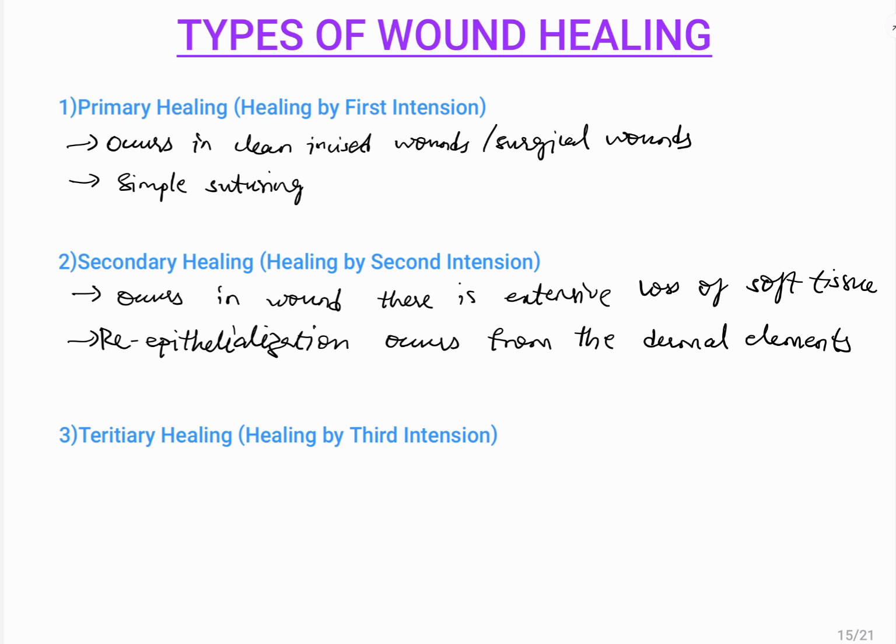At last, tertiary healing. Tertiary healing also occurs the same as the primary healing, but it is seen in the wounds which are contaminated. The healing occurs simply by suturing, but it is seen in contaminated wounds after debridement and control of infection of the wound.